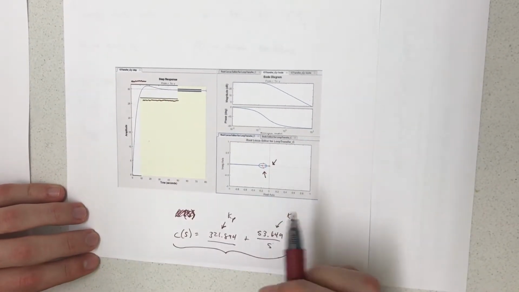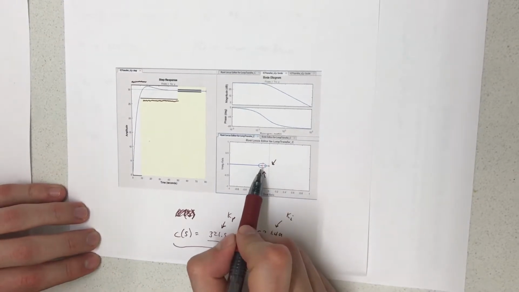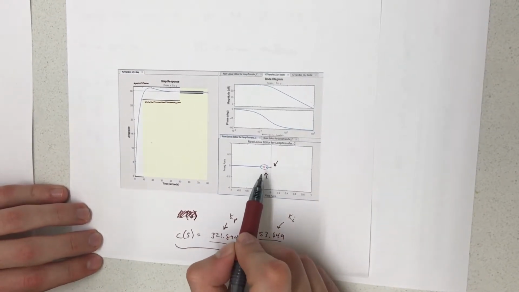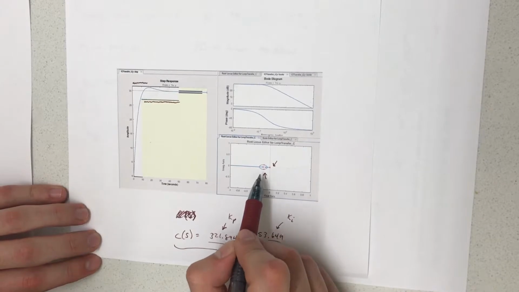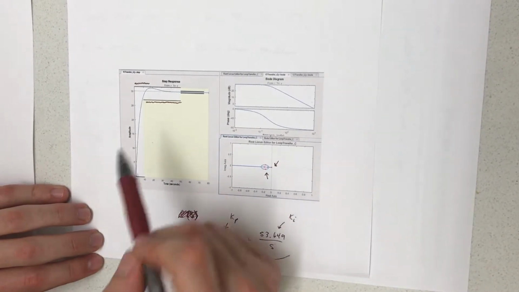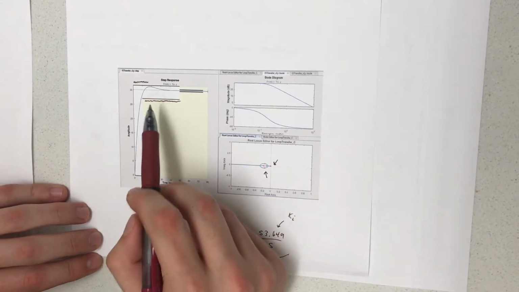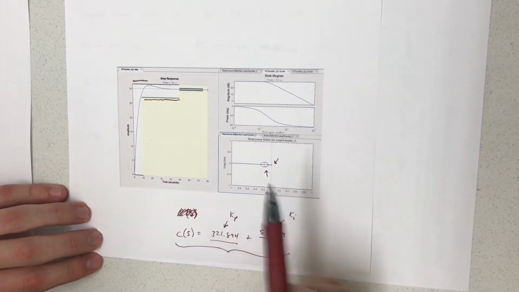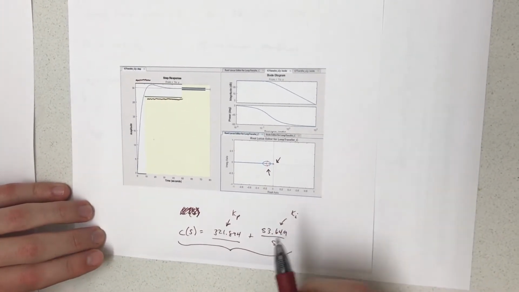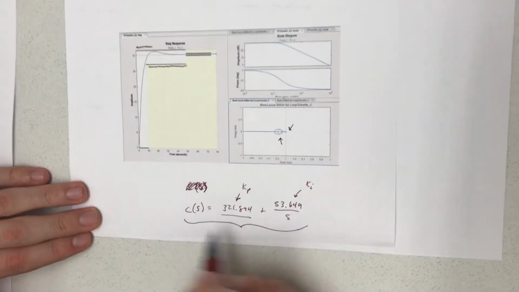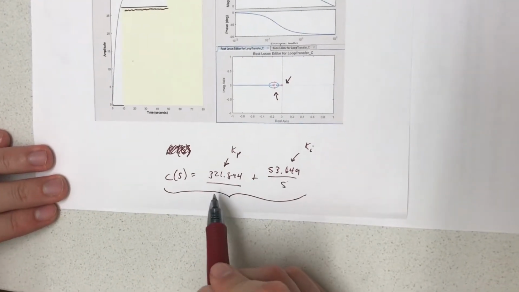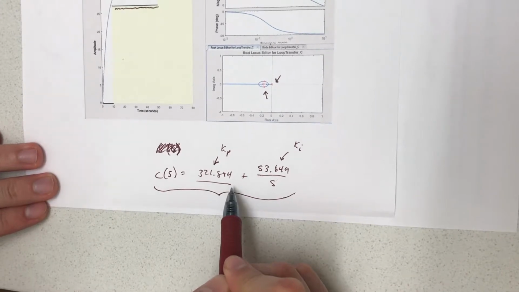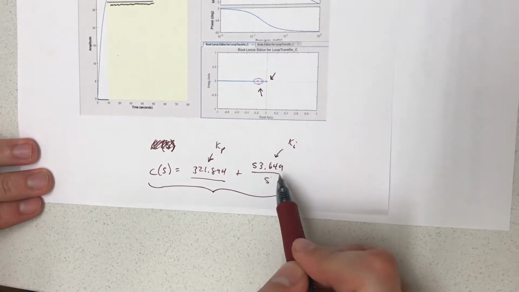After we added those metrics, we manipulated the 0 here and the gain of the controller in order to meet these metrics while also allowing for a little bit of wiggle room for the disturbance that we would model later. From here, we got to this controller equation where our KP is 321.894 and our KI is 53.649.